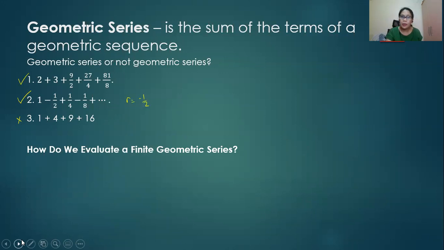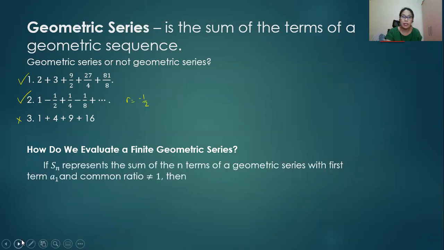This time, how do we evaluate a finite geometric series? Now, if you remember, we can evaluate the sum of a finite arithmetic series. Same goes here with finite geometric series. If S sub n represents the sum of the n terms of a geometric series with first term a sub 1 and common ratio r, take note, not equal to 1, then we have S sub n equals a sub 1 times quantity 1 minus r to the n all over 1 minus r.